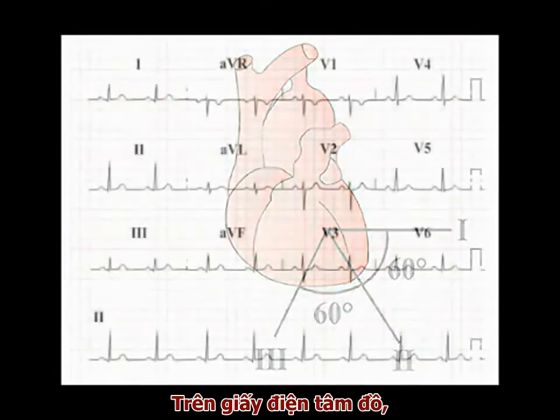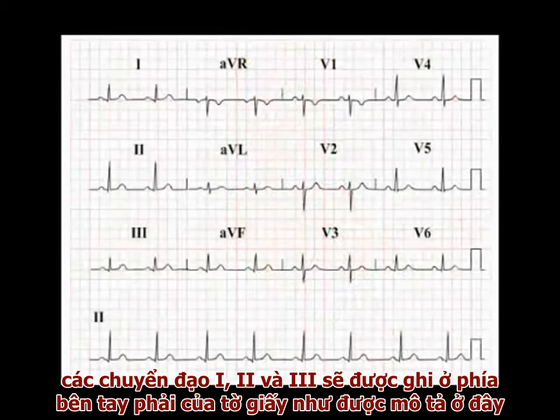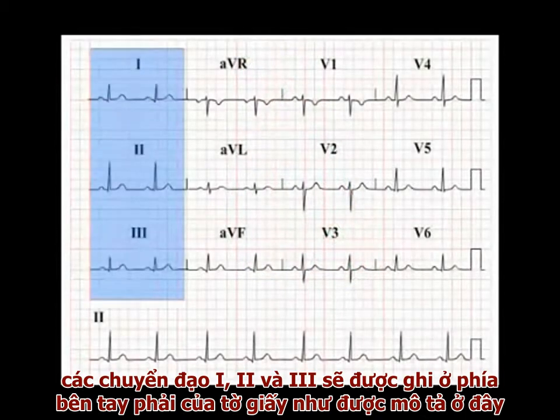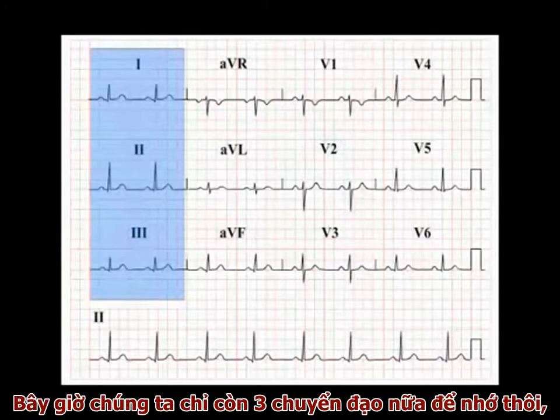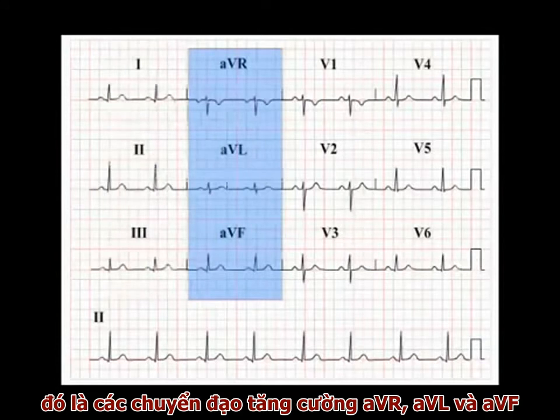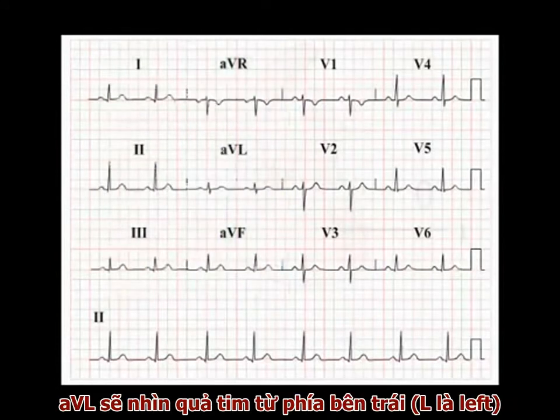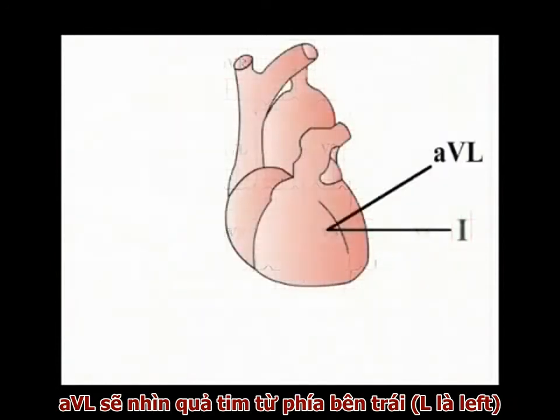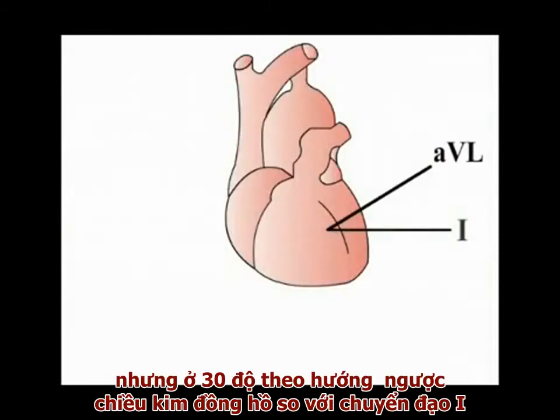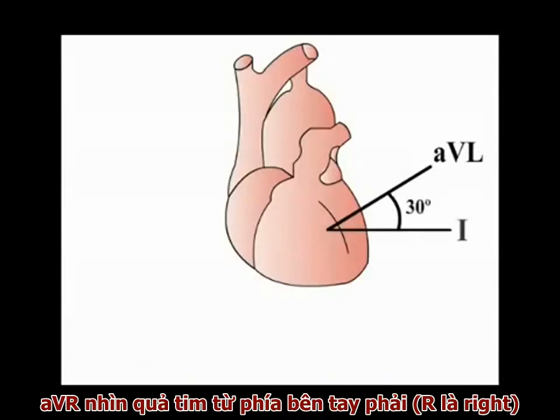The readout from the standard leads, leads 1, 2 and 3, are recorded down the right-hand side of the ECG paper as shown here. We are now left with 3 further vertical leads to remember. The augmented leads, AVR, AVL and AVF. AVL looks at the heart from the left, L is for left, but at 30 degrees anti-clockwise, or more to the left if you like, from lead 1.